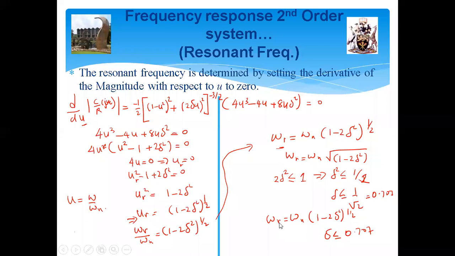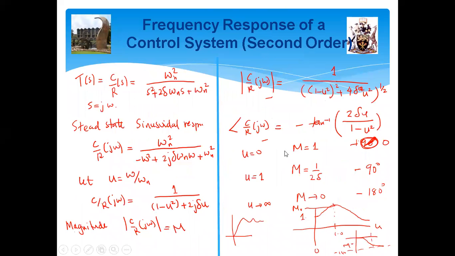This value will actually give the maximum magnitude according to what we have formulated here. So if we substitute this into the magnitude equation, we should get MR, the max.